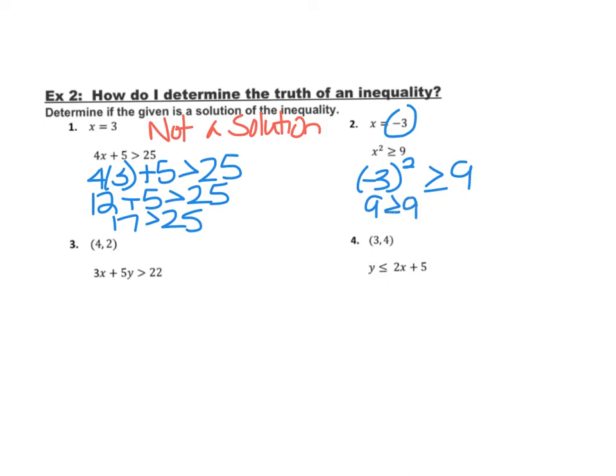Yes, 9 is not greater than, but it is equal to. Since it fulfills that equal to part, we're going to say yes, it is a solution, because x can be anything that is greater than or equal to 9.